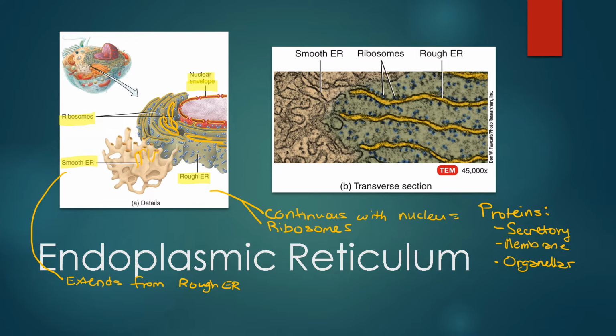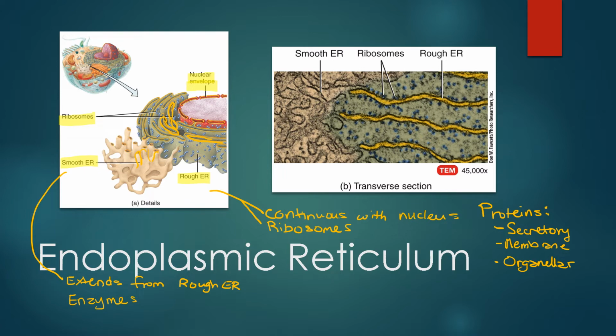Now, unlike the rough ER, the smooth ER does not have any ribosomes on the outside surface, but the smooth ER does contain unique enzymes that make it a lot more functionally diverse than the rough ER.